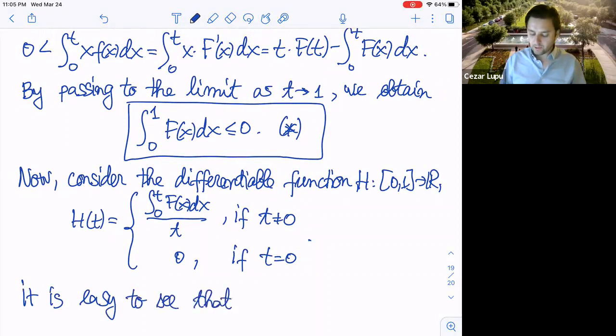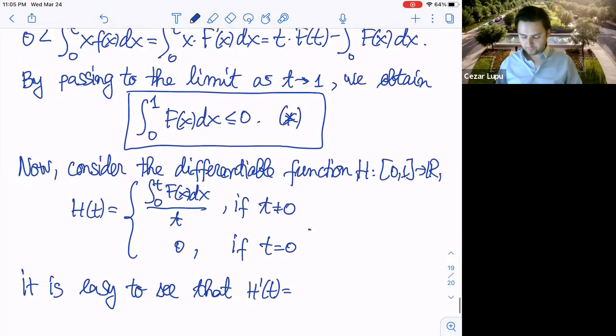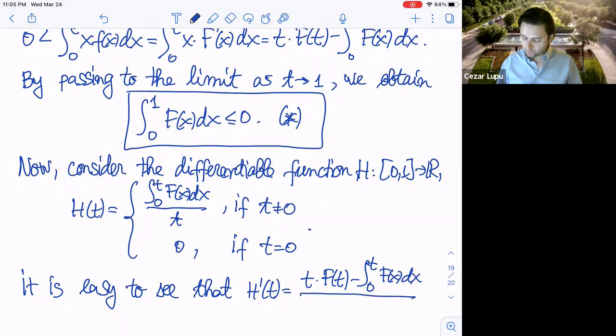Moreover, it is easy to see that the derivative h prime of t, by just applying the quotient rule, is nothing else than t times f of t minus the integral from 0 to t of f of x dx, everything over t squared. And what do we know about this?